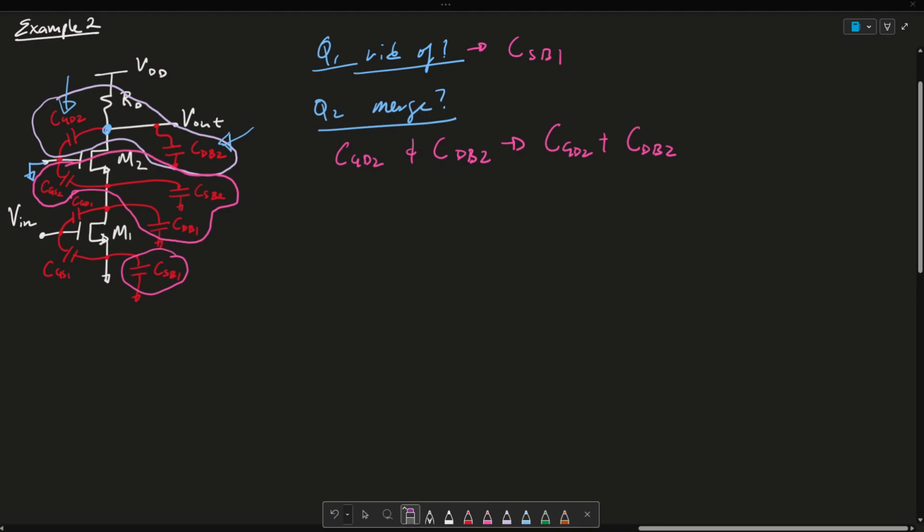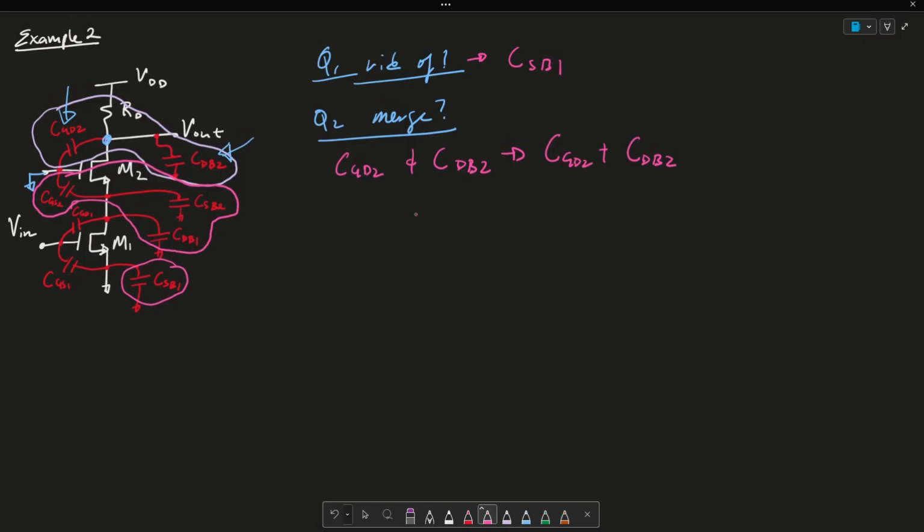So again, this makes up a merging of 3 capacitors, and I'm just going to write that out here. This becomes CGS2 plus CSB2 plus CDB1.